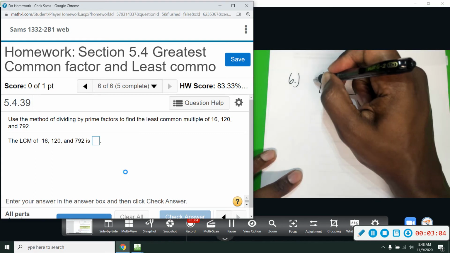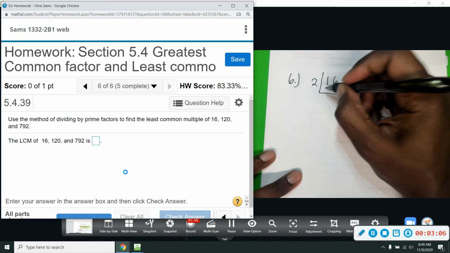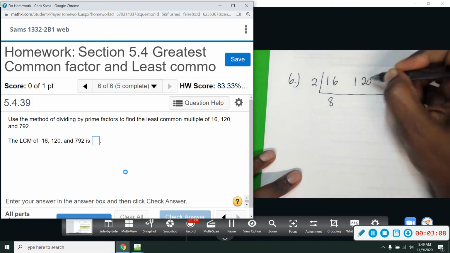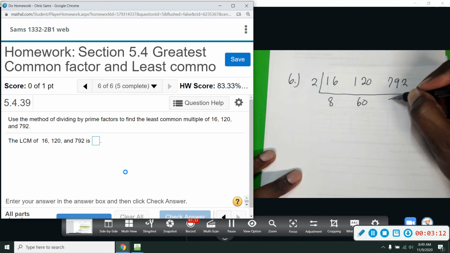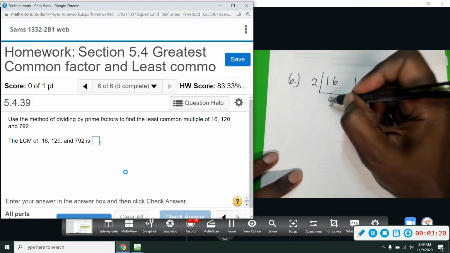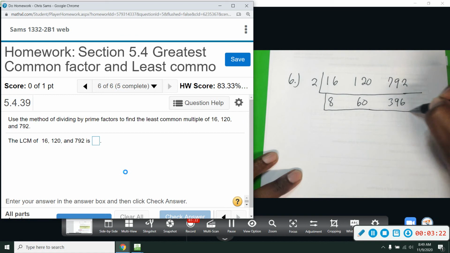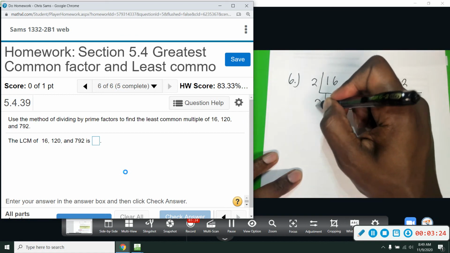All even, so let's divide by 2. That's easy to do. That will give us 8, 60, 3, 1, 18, so 9, 18, 1, and 12 is 6. Let's divide them by 2. All even, so we can divide by 2 again.